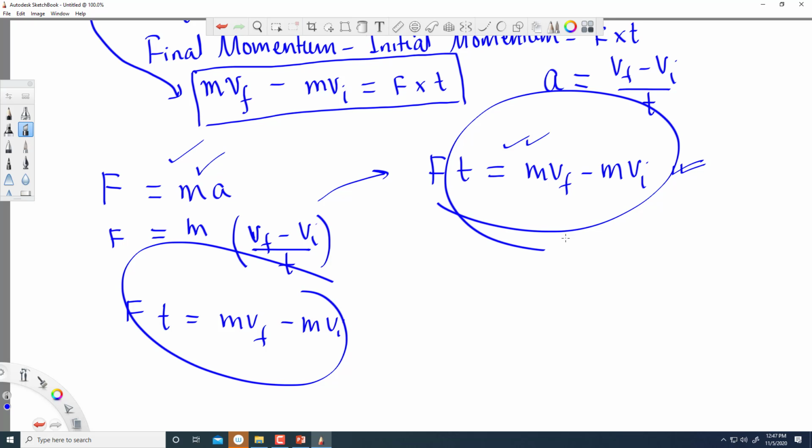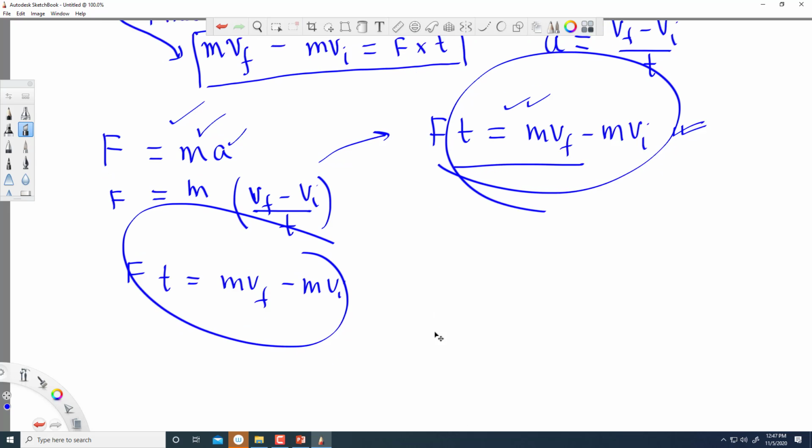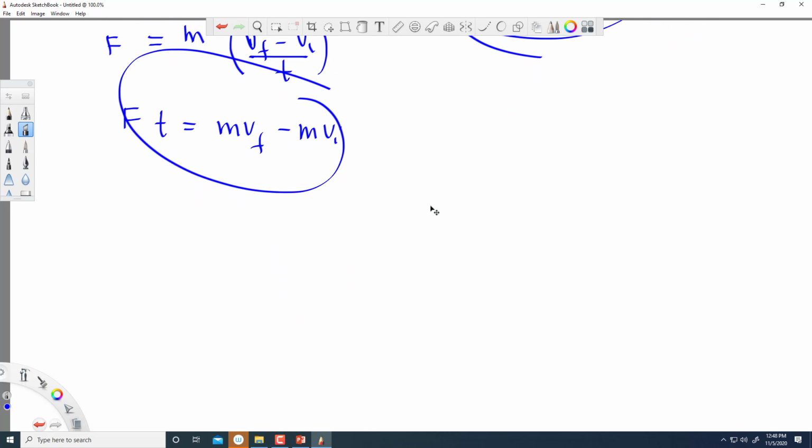So we can use the impulse momentum theorem in this case. But for some reason, if you cannot use this one, if you don't know a, if you don't know the formula for a, then you can just use this one. Okay, so let's use that. So what we have here: the initial speed of the paper is 0, it starts from rest.